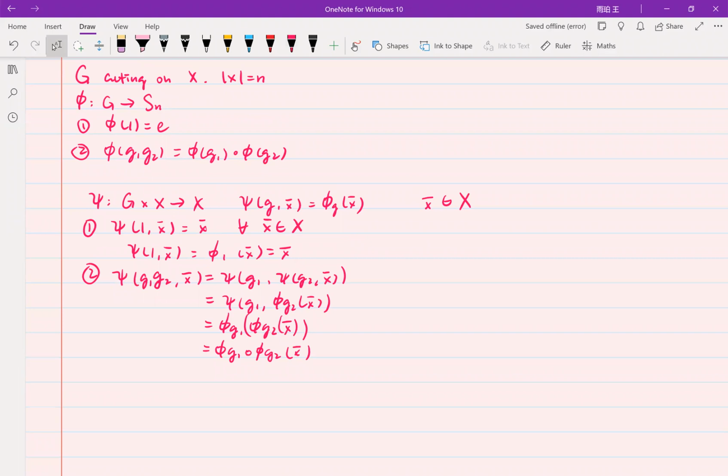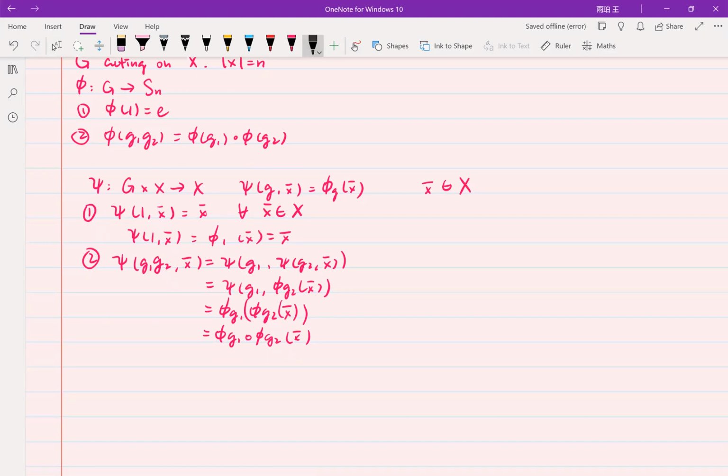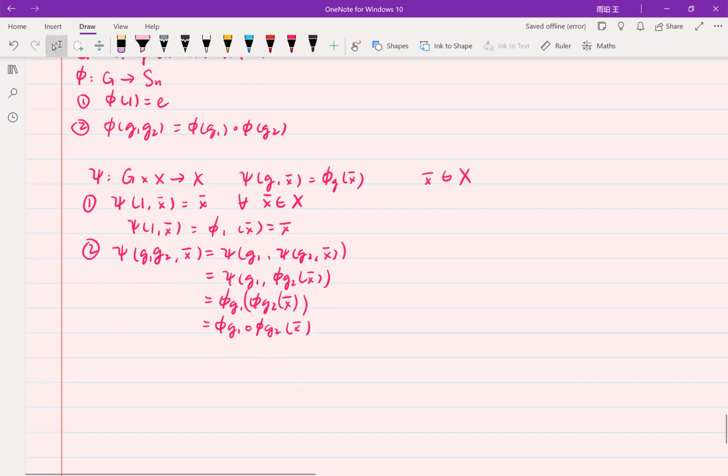So usually people use another notation to denote group actions instead of this whole chunk of things. Since we know that each element g in G is realized as a permutation in Sn, we can write, say, psi of g x as g times x.